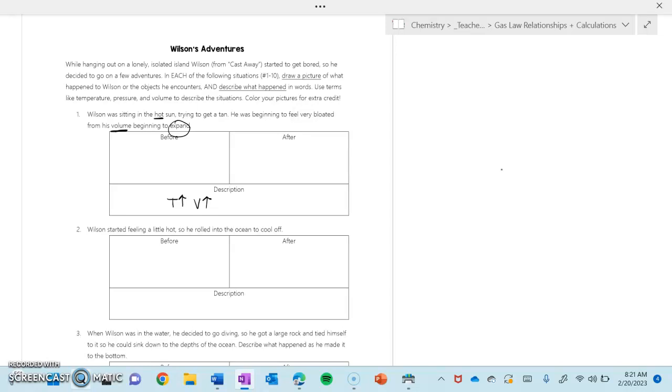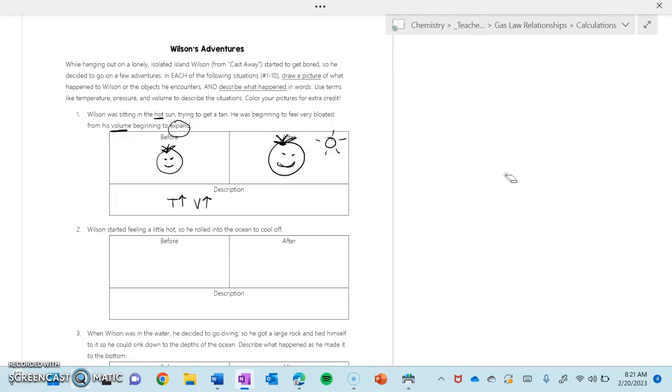So let's draw before and after, before the sun. So there's little Wilson. I don't know how to draw him very well. There you go. You can look up a picture of Wilson if you'd like. And then we'll put him in the sun. And we'll make him expand.